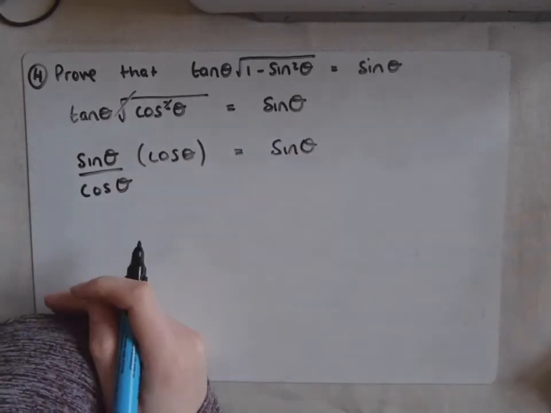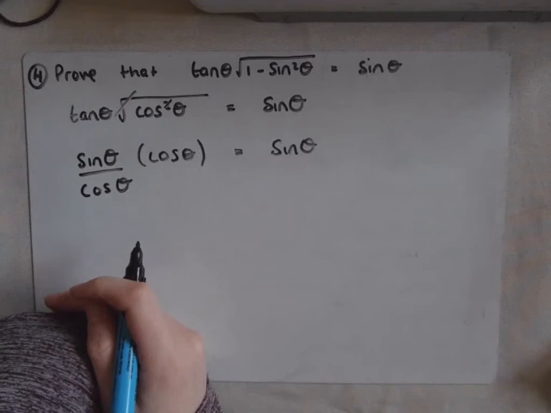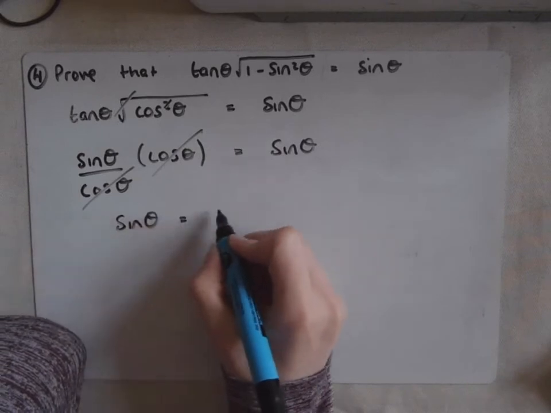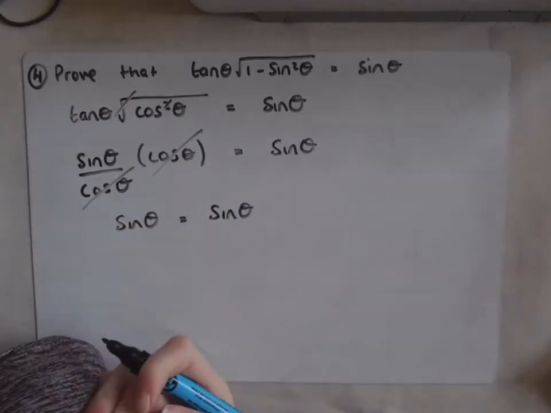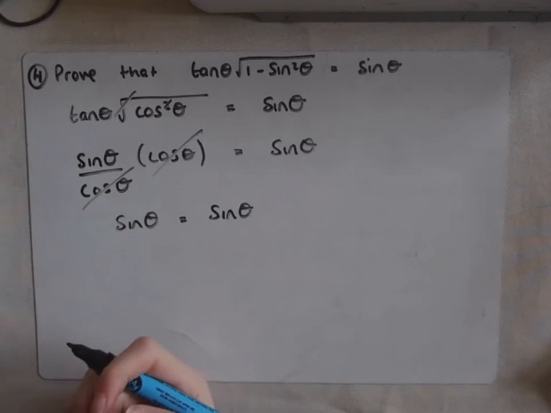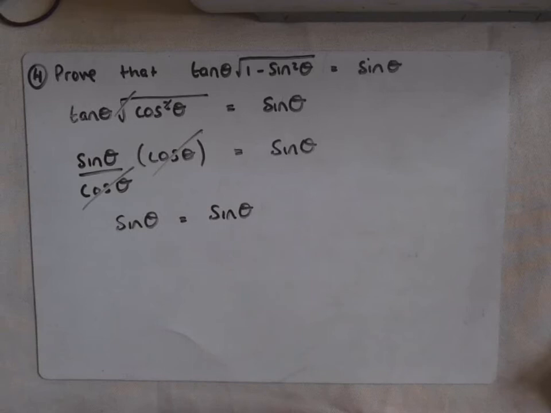And what happens then? Cancel the cos of theta on both. So sine of theta equals sine of theta. That okay? Okay, let's keep going.